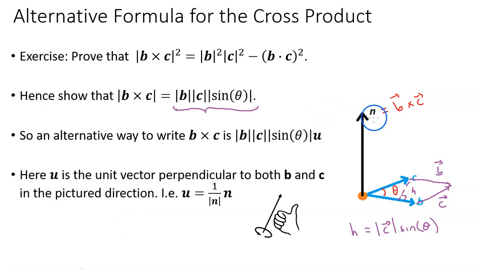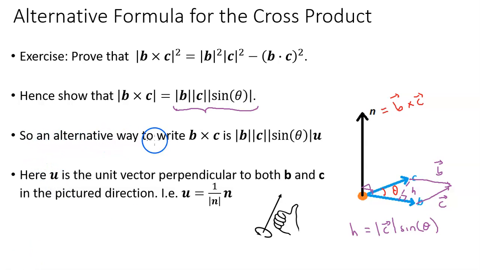So that tells us that not only is this normal vector n equal to b cross c orthogonal to b and c, and therefore the entire plane spanned by b and c, we have that the length of this vector n equals b cross c is the same as the area of the parallelogram with base vectors b and c. So that's really interesting.